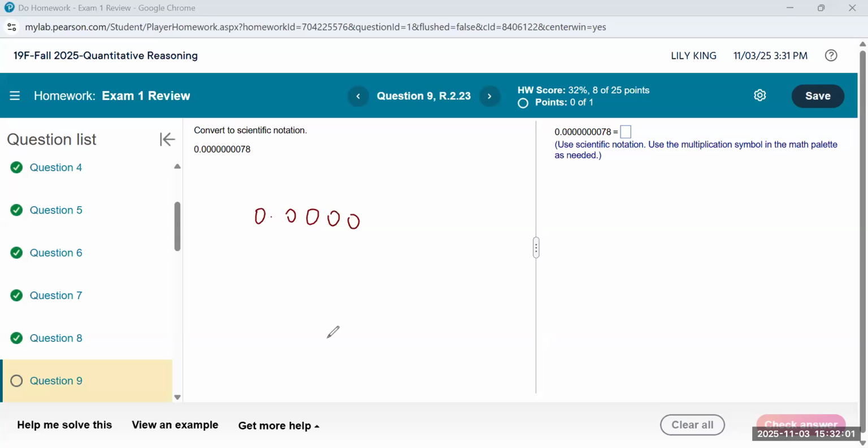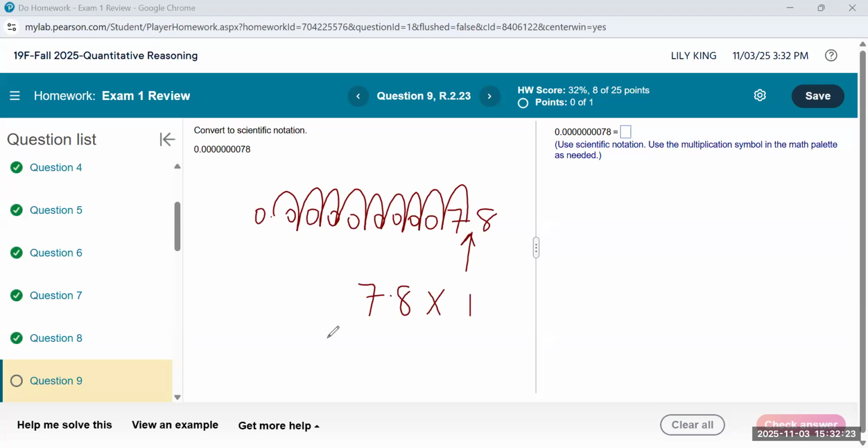So the zeros after the decimal point: 1, 2, 3, 4, 5, 6, 7, 8. We have 8 zeros after the decimal point, and then we have 7, 8. Now, according to the rule, the 1 to 9 digit here is the 7. So we have to move our decimal point 1, 2, 3, 4, 5, 6, 7, 8, 9. All right. And then whether this will be positive or negative will depend on the number you're converting to scientific form.